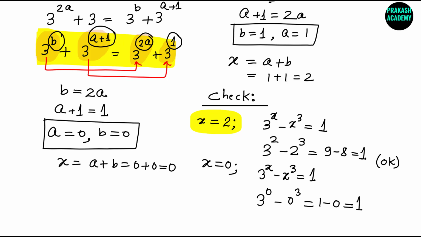Sorry, this is x cube. So x is equal to 0 is also a solution because this satisfies. The right hand side is 1, so this is also okay. So in this case, there are two solutions possible, that is x equals 2 and x equals 0.